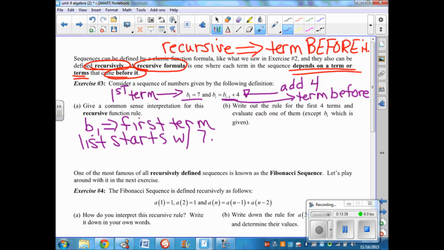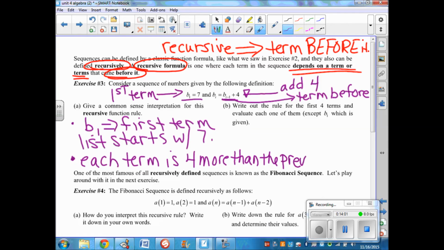And then after that, each term is 4 more than the previous term, meaning the term right before it.